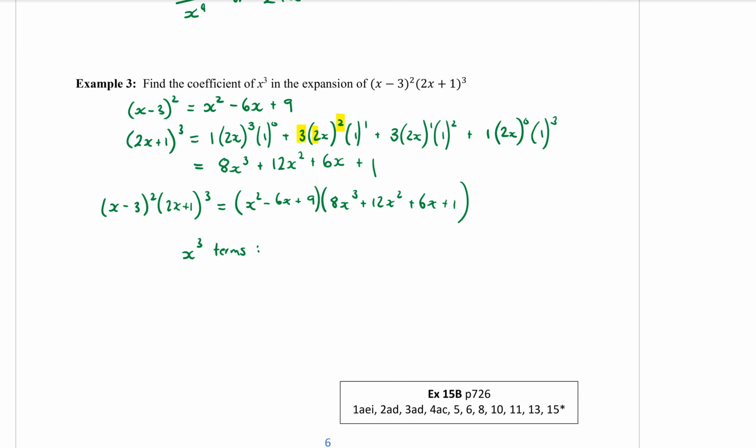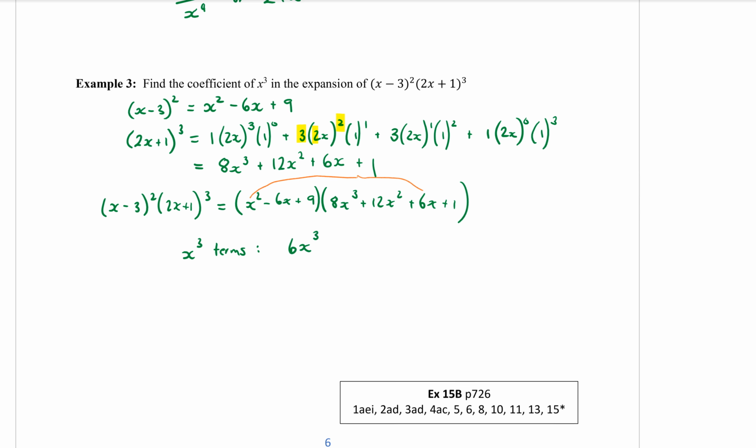So there's going to be 3 of them. If I multiply the x squared by the 6x term, that would make an x cubed. So 6x times x squared is going to be 6x cubed.